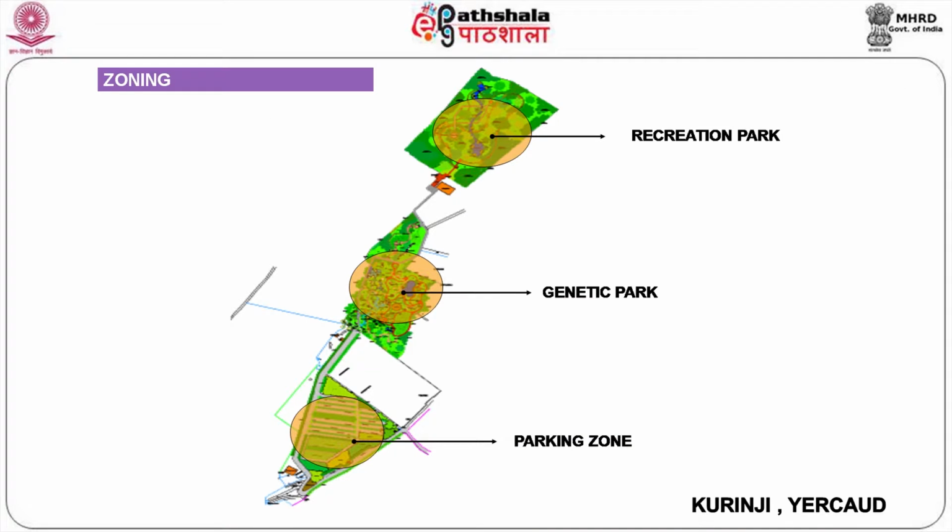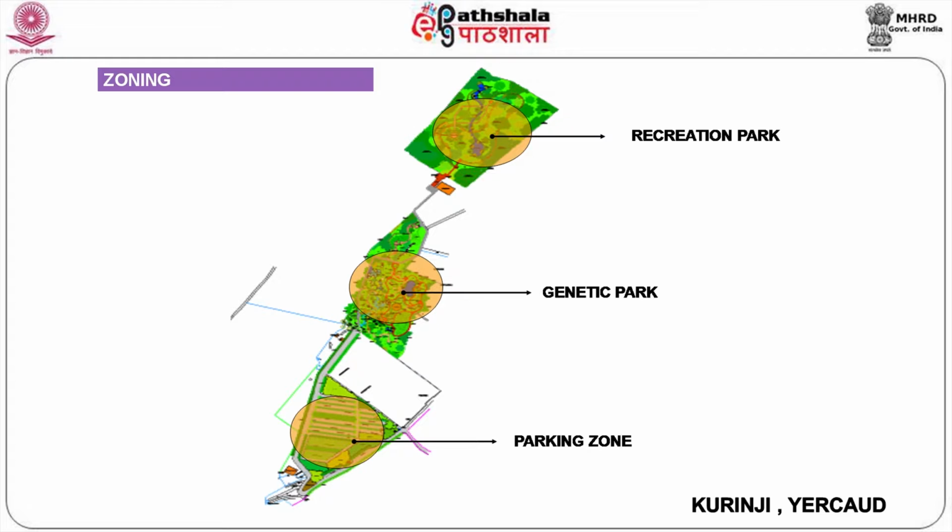So when we talk about Kurunji, all the things come up here. We had divided the site into 3 classifications. The entry area is mainly meant for the parking area. We have 25 acres of land in the Yercaud hill station. We have identified a genetic park where you have historic things happening.